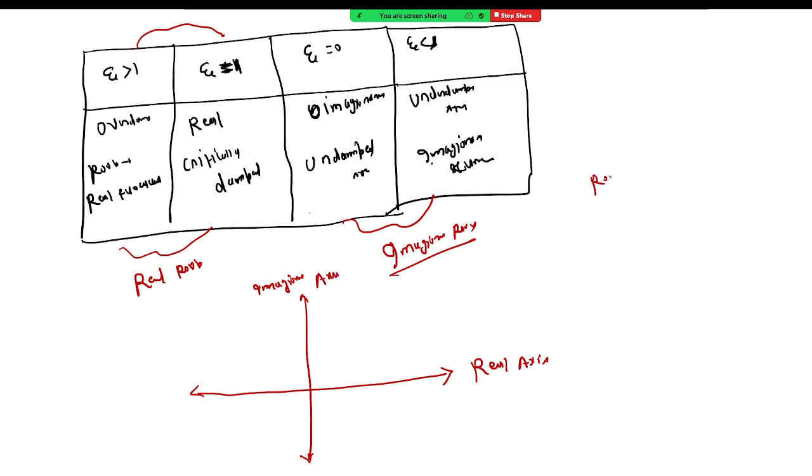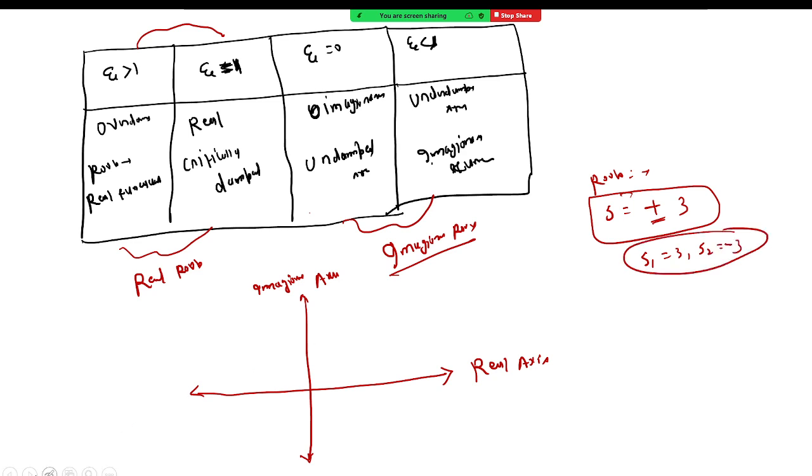If I say the roots are s equals plus minus 3, so s1 will be 3 and s2 will be minus 3. How will we identify this on the plane? Here the root will be plus 3 and here the root will be minus 3, right? So one root is here and one root is here.